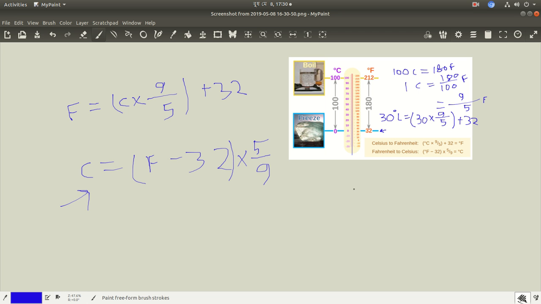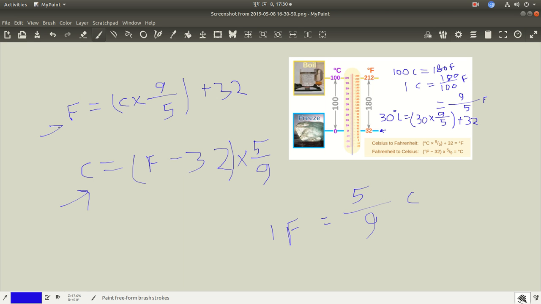So we will have 5/9. So 1 Fahrenheit equals 5/9 in Celsius. But the Fahrenheit scale is 32 degrees ahead, so we need to subtract 32 and then multiply it by 5/9.